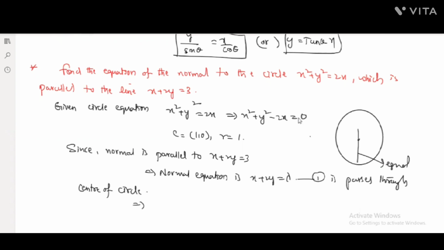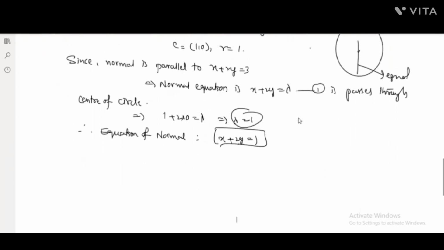So that means 1 plus 2 into 0 is equal to lambda. So we'll get the lambda value as 1. So therefore, equation of normal is x plus 2y is equal to 1. So this is the way how we can find the equation of normal.